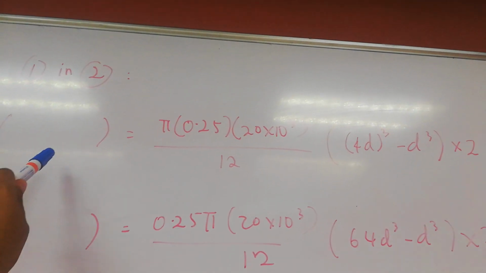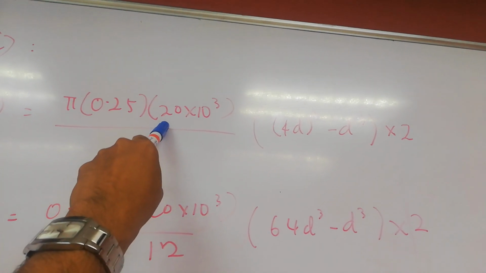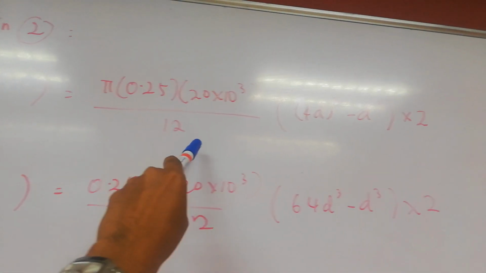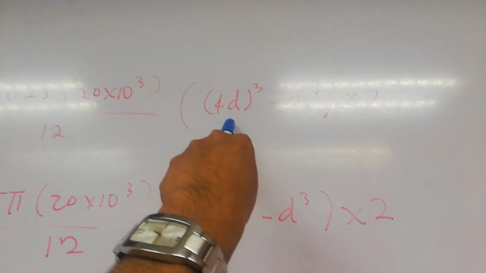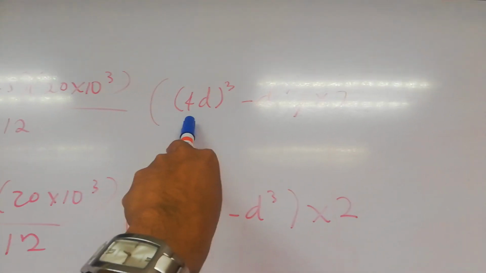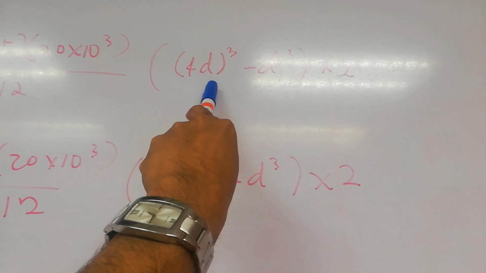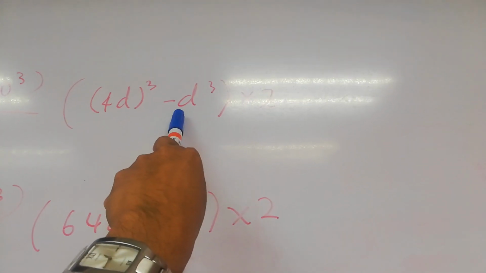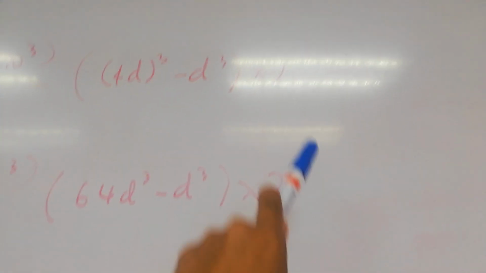So this is the torque value, and then 0.25 times 20 to the power of 3 by 12, and we substitute the big D with 4d, to the power of 3, minus d to the power of 3, times 2.